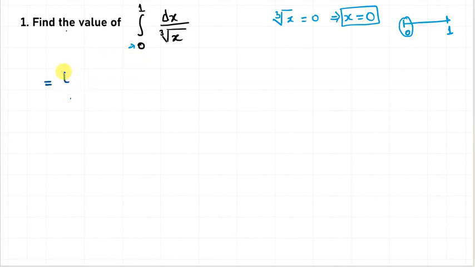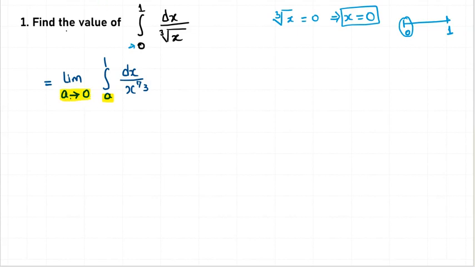limit, as a goes to 0, where the lower bound is the point where the function is unbounded. We change this to a, integral from a to 1 of dx over cube root of x, which we can write as x power 1 over 3. So in place of 0, we replace it by a.